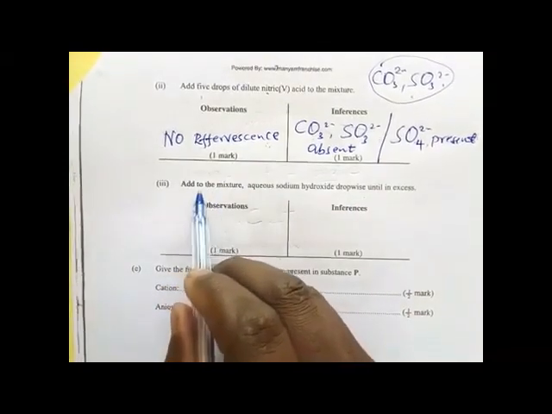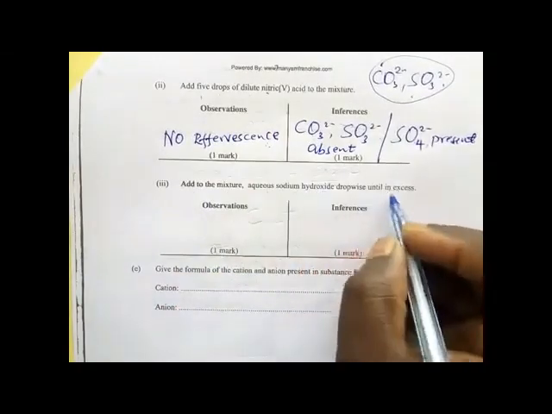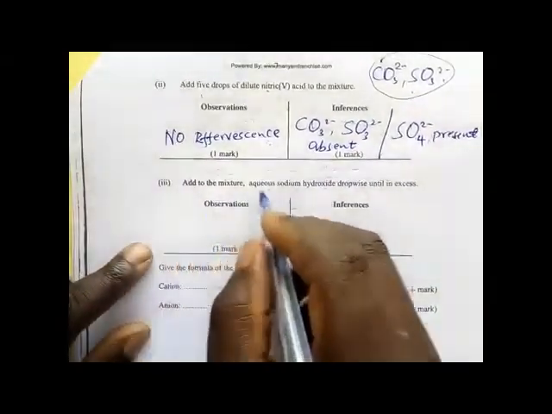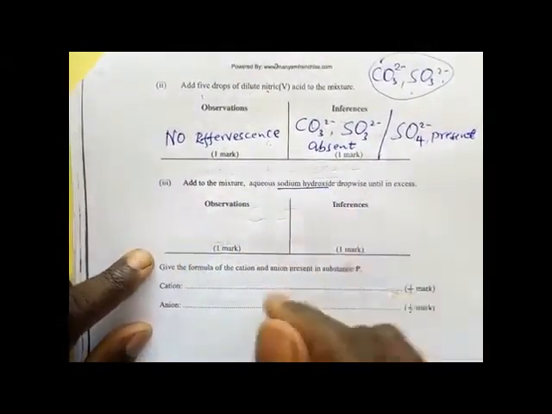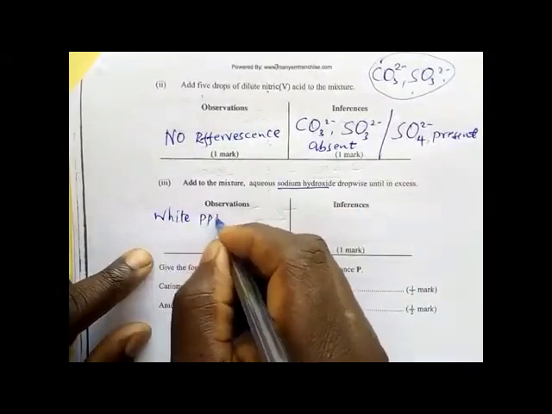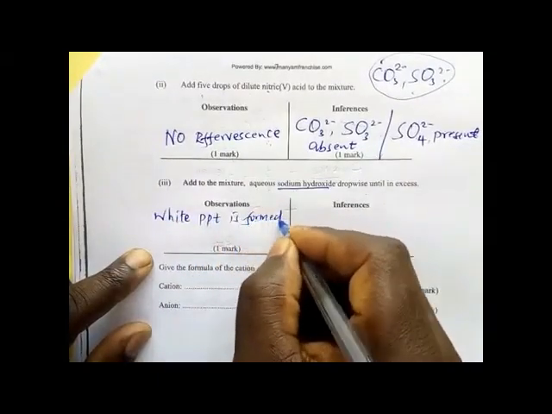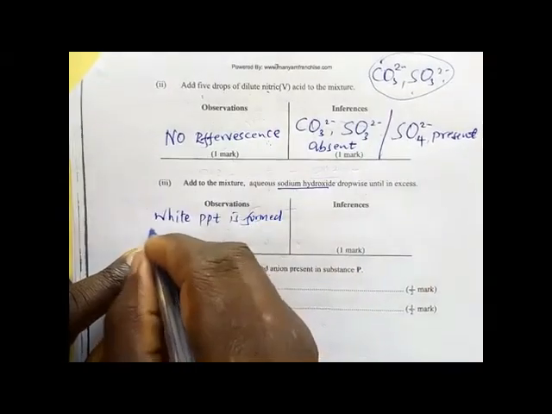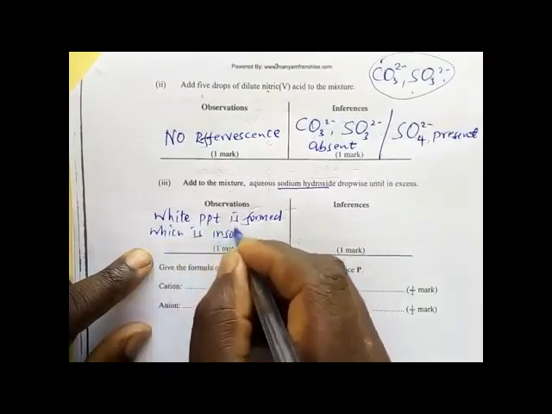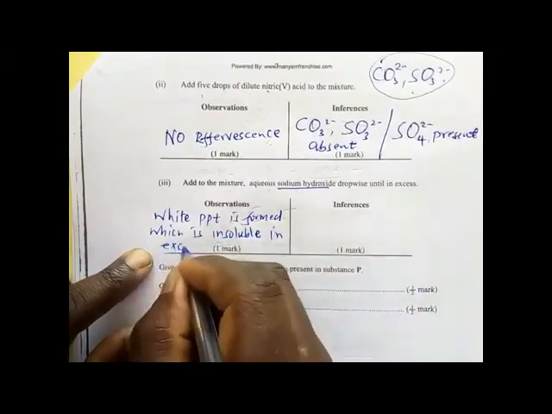Add to the mixture aqueous sodium hydroxide dropwise until in excess. We are adding sodium hydroxide. The observation is that a white PPT is formed, which is insoluble in excess.